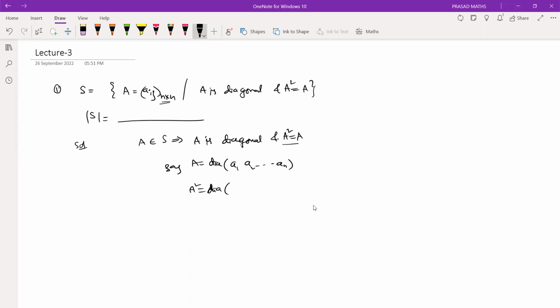A square is equal to diag of a1 square, a2 square, ..., an square, because it is a diagonal matrix.